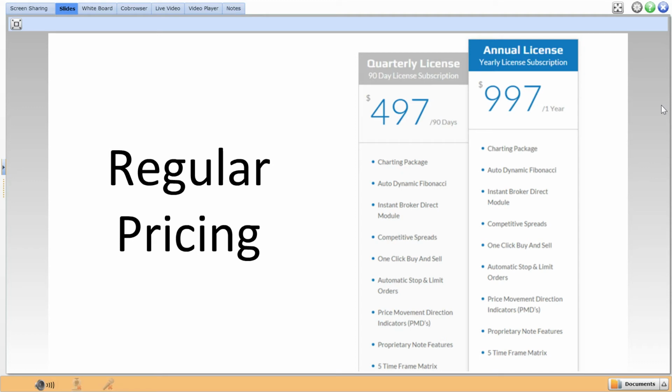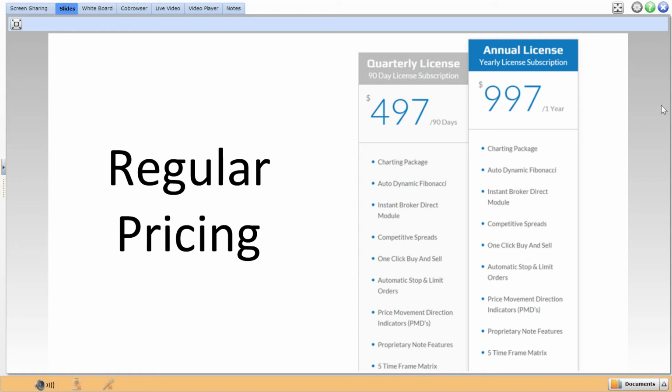So this is how the pricing model is that we were able to work out with the new platform. If you're familiar with the original Fxpm, licenses were anywhere from 1997 to 3000, plus you had a data feed expense of 129 per month.